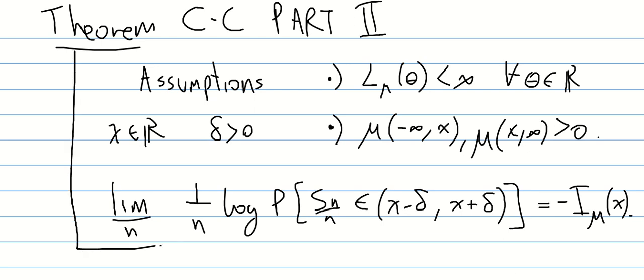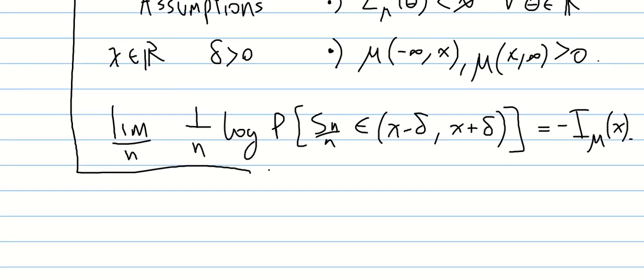So before going to the proof, let's look at why this is a lower bound of the type we want. I promised the lower bound, so let's see why.